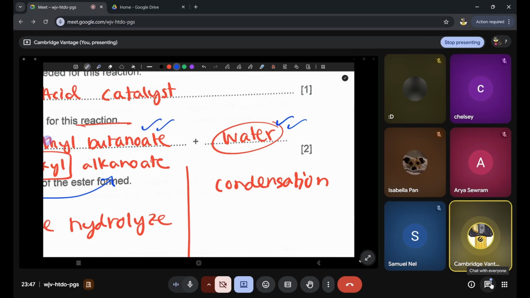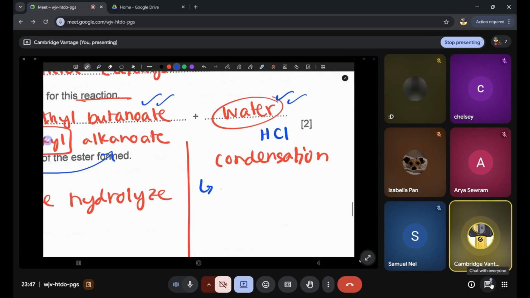There is a reason I'm saying small molecule instead of water, because as you go through more advanced levels of chemistry, you will also see that sometimes HCl is formed, and sometimes ammonia is formed. So for all those cases, we say a small molecule is produced instead of saying water is produced. It means the same thing, it's just more appropriate that way. Condensation reactions are reactions where a byproduct or a small molecule is released at the end of the reaction.